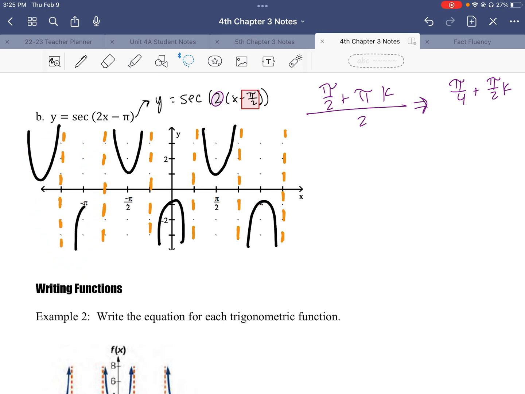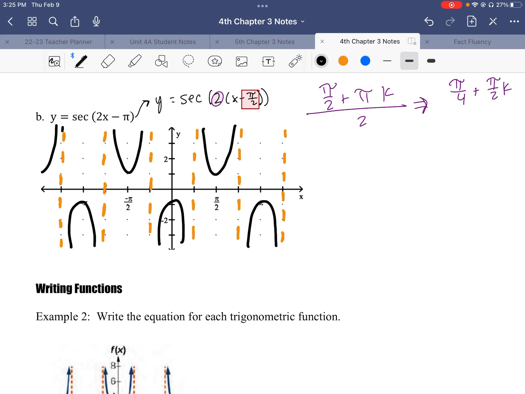Then they have to switch, because they're in the wrong order now. So we'll erase that part. This one would be down here, that one would be up there. So now we've done both the period change and the shift.